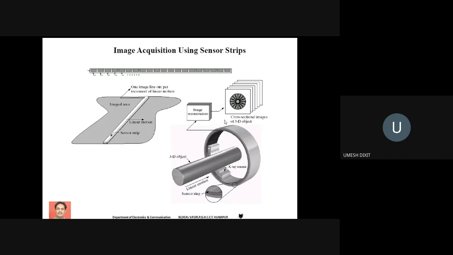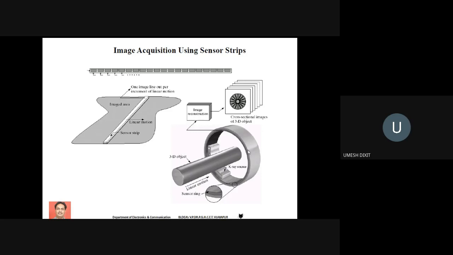And we have a third one, one more diagram. Here you can observe, this kind of sensor is used to obtain a 3D view of the object. To obtain a 3D view of the object, we can use the next kind of sensor, which is shown in this slide. Here we are going to make use of the X-ray source in a ring configuration.